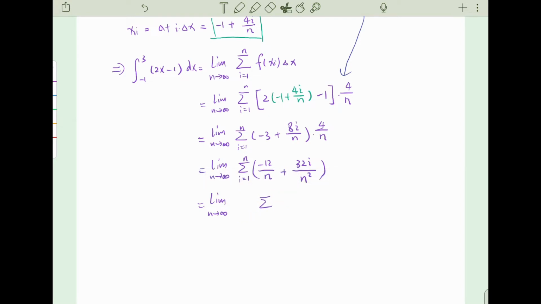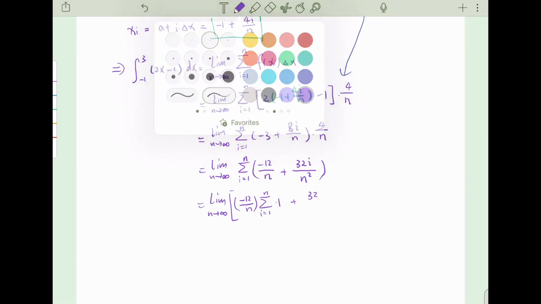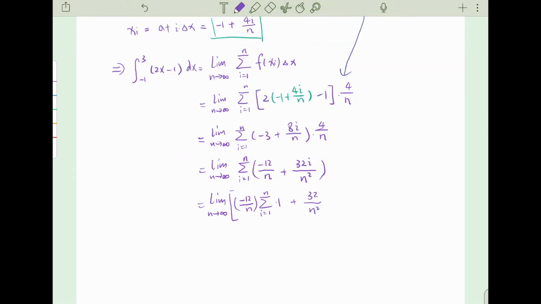So I have right now this negative 12 divided by n, right, summation of i from 1 to n, of 1. And the other summation, so I factor out this 32 divided by n squared.